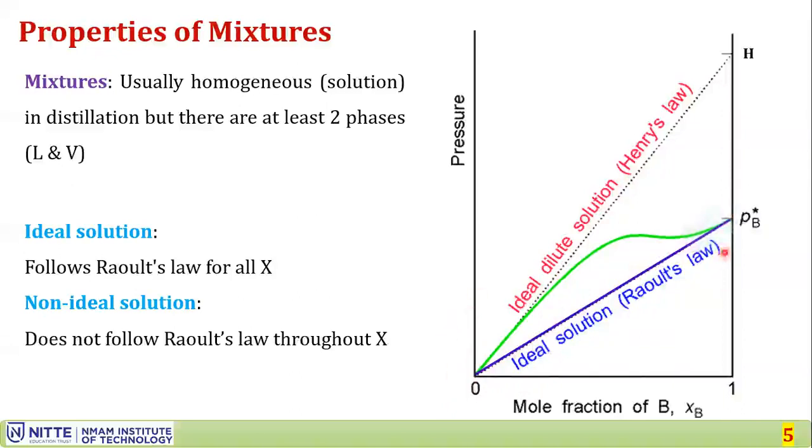For high concentration of B, it follows Raoult's law. So at low concentration, as XB tends to 0, a non-ideal solution follows Henry's law. As XB tends to 1, a non-ideal solution tends to be ideal, or it follows Raoult's law.